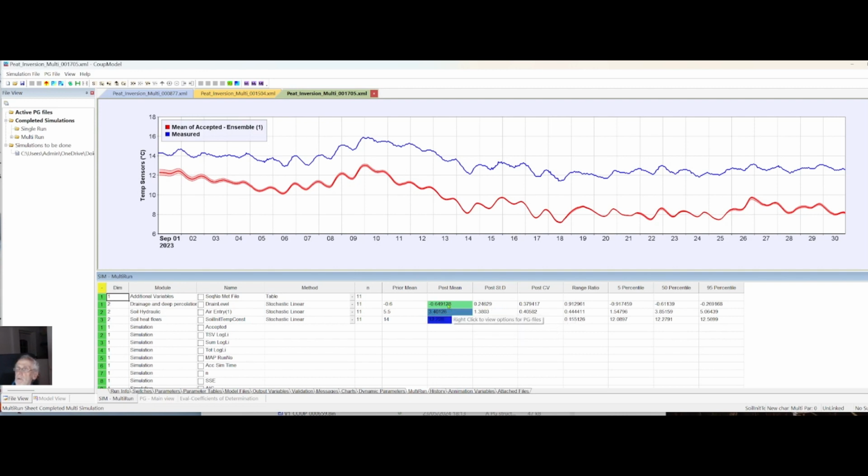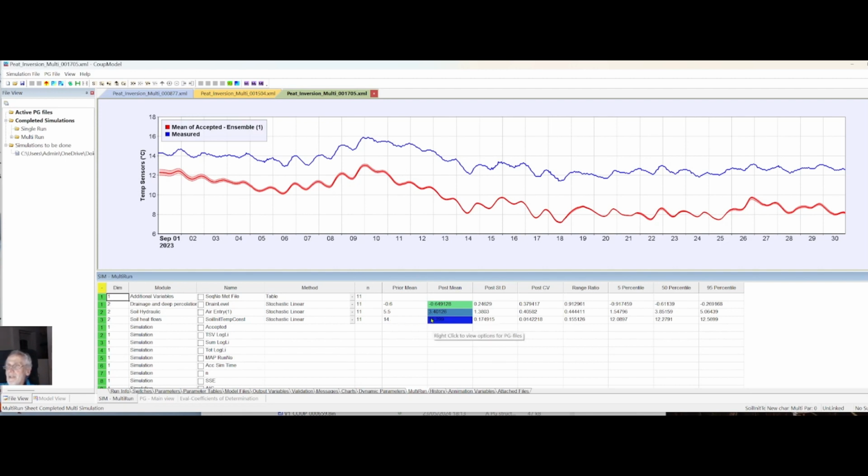So they have a new posterior mean that differs from the prior mean. So for instance, the air entry has been going from 5.5 to 3.4, and soil init temperature is taking the value of 12.